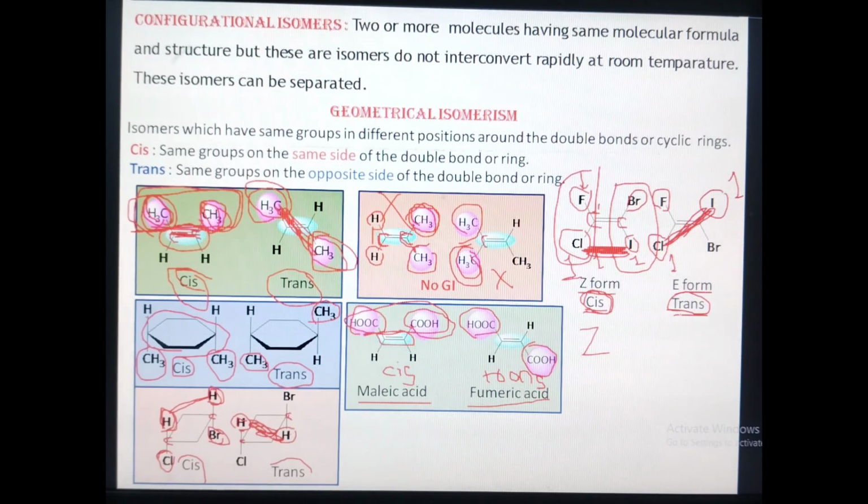When it is trans, meaning higher priority groups on the opposite side of the double bond, then we name it E form. When the higher priority groups are on the same side of the double bond, that is Z form.